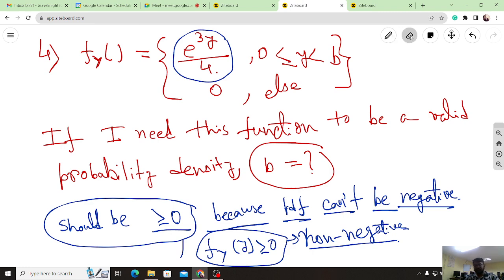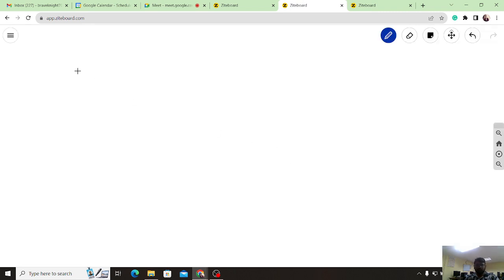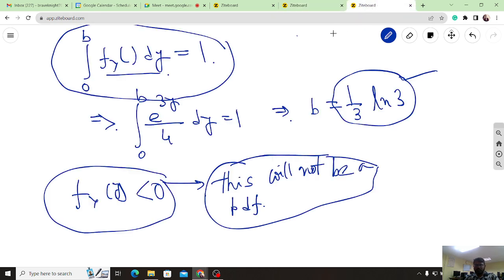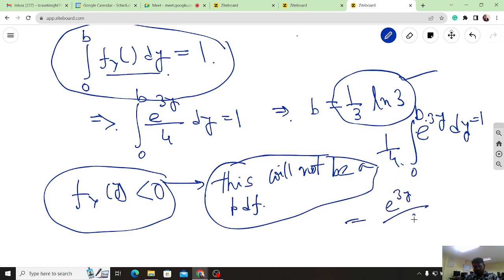I have a question. How did you get ln of 3? So basically I have to do this integration. What is the integration of e to the power 3y dy from 0 to b? e to the power 3y by 3. Let me check once. Because I think it is ln of 13.